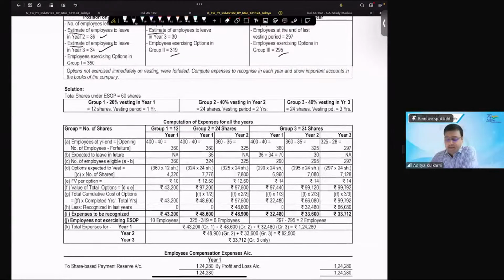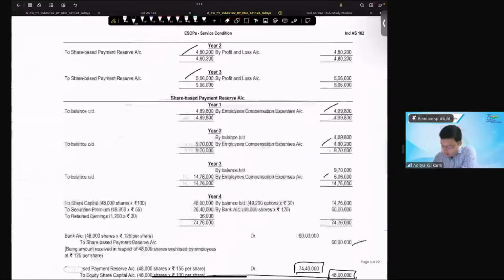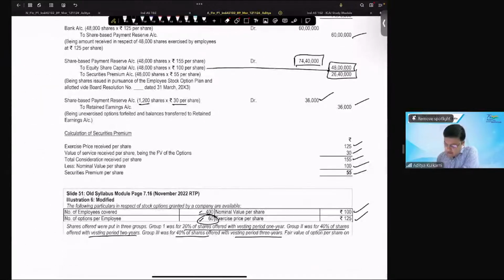Total shares under ESOPs, how many have I given? 60. Is it coming entirely in year 3 or is it happening in phases? Phase wise, sir. So the phase wise is 20, 40 and 40%.